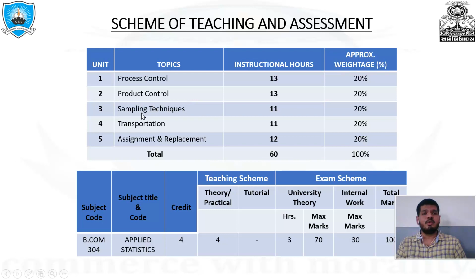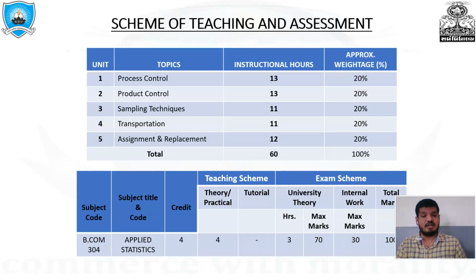Unit 4 is transportation problem, 11 hours is allocated and the same weightage, 20%. And unit 5 is assignment and replacement problems, and 12 instructional hours is allocated to this unit and 20% weightage. So overall 100% weightage is there and overall 60 hours we have to learn this subject.